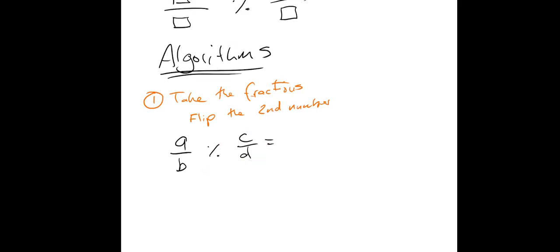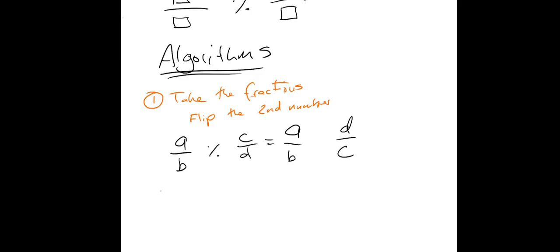I'm going to rewrite the first number, and I'm going to take the second number and flip it so that the numerator becomes the denominator and the denominator becomes the numerator. So instead of C over D, it's going to become D over C.